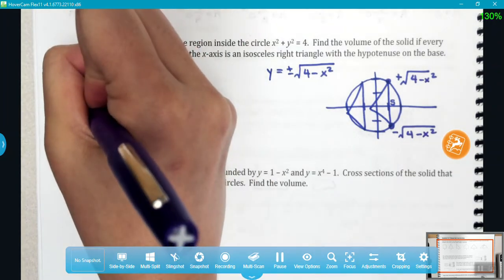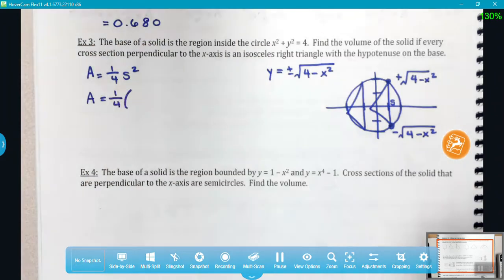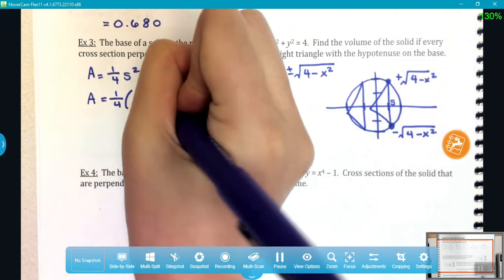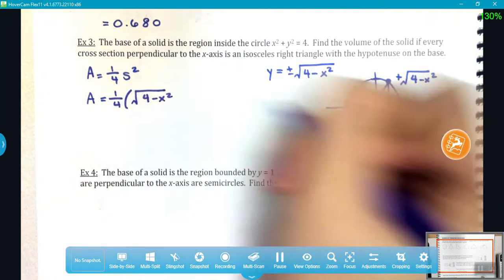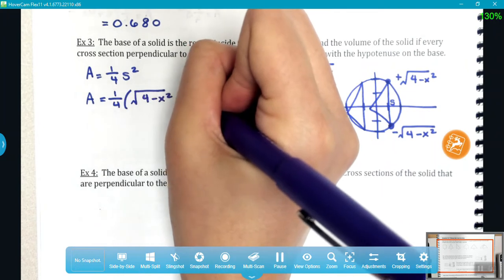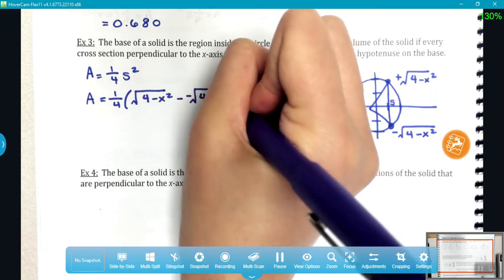You can simplify it if you want to, but I'm not going to. So the top of the S is root 4 minus x squared. The bottom is negative root 4 minus x squared.